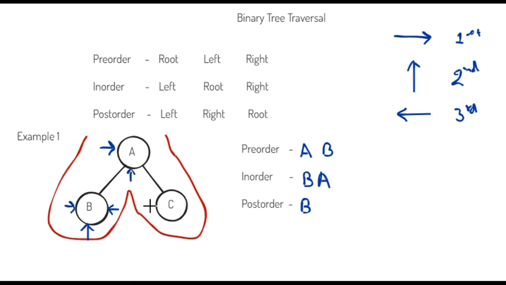Now we will move to node C. Since node C is visited for the first time, the pointer direction will be left to right. And since the pointer direction is left to right, we will add node C in the pre-order list.